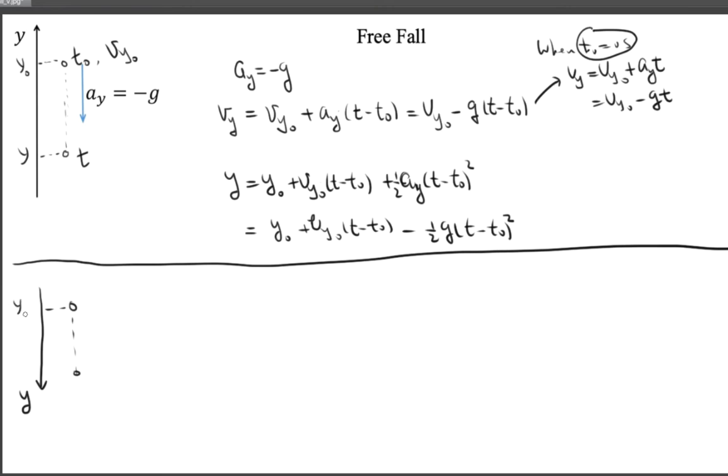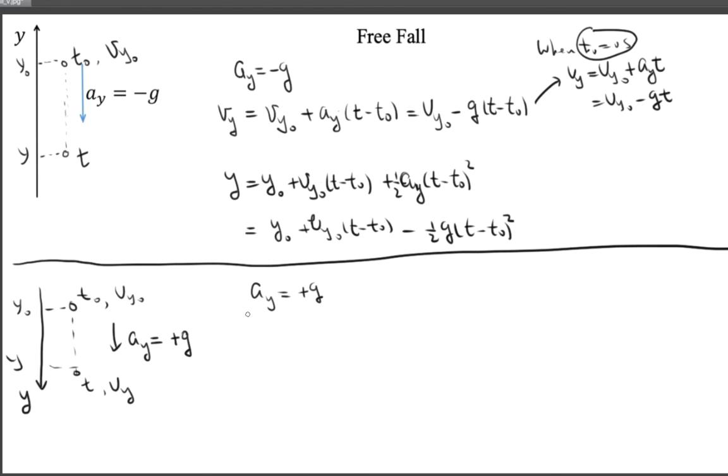You still have y0 and y at times t0 and t, with Vy0 and Vy. The acceleration is still pointing downward, but now we write ay equals positive g, because the direction of ay is now the same as the positive y direction.